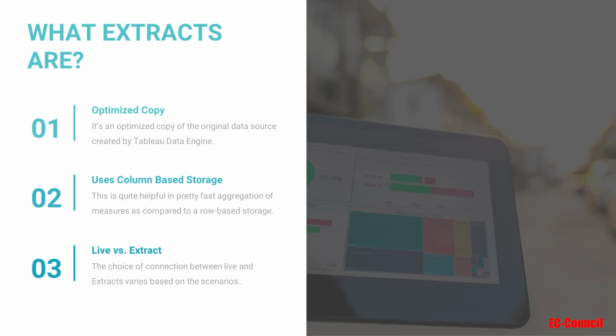At the other extreme, an extract created by the Tableau data engine might be slower than the big cluster of machines that you may find with large data warehousing solutions such as Teradata, Greenplum, etc.